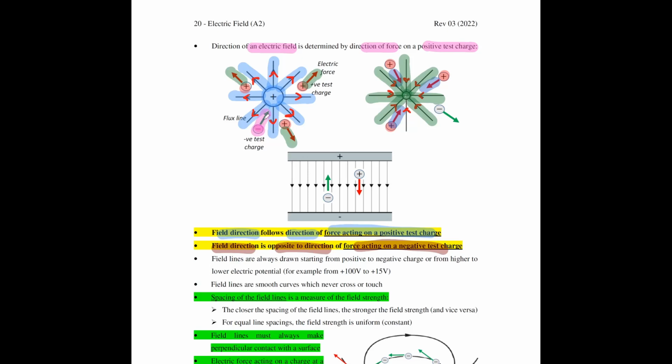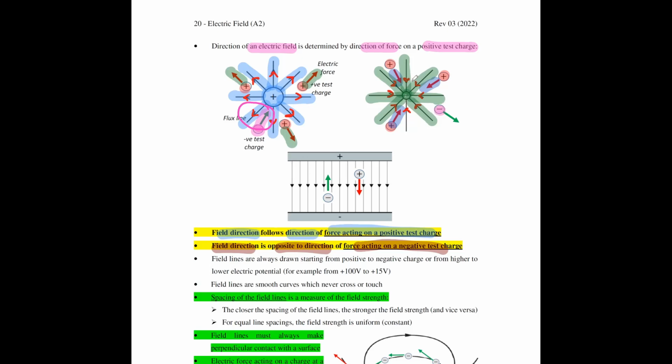Now, if it's directed inwards, notice the direction of your force and the direction of your electric field, which you've already established earlier. They are acting in opposite directions, right? That's why we can say field direction is always opposite to the direction of force acting on a negative test charge.